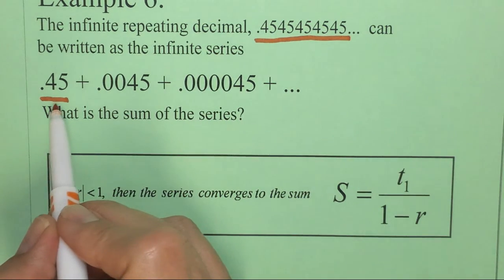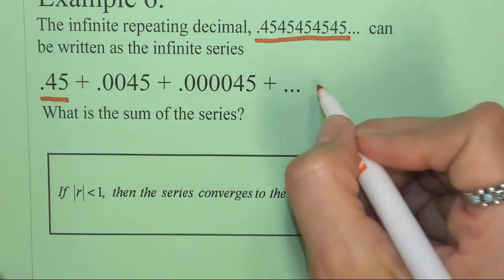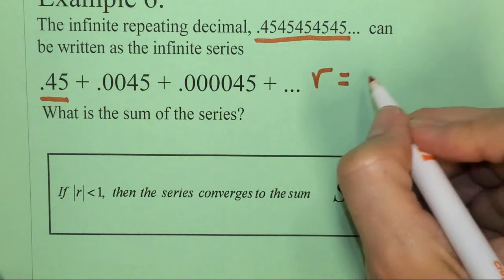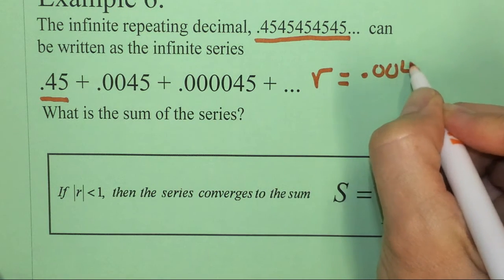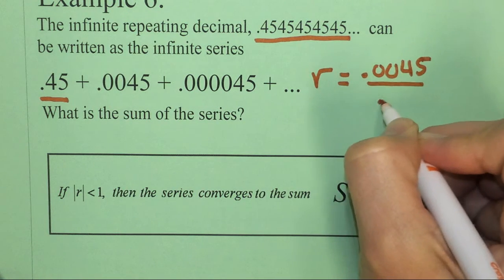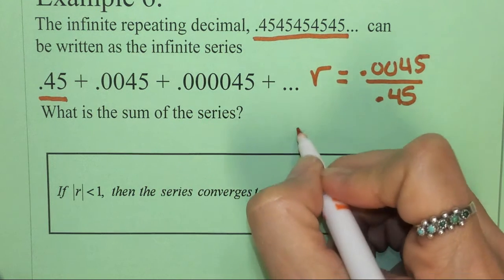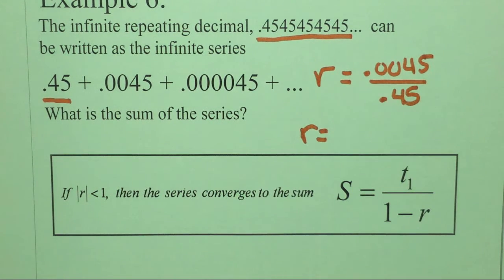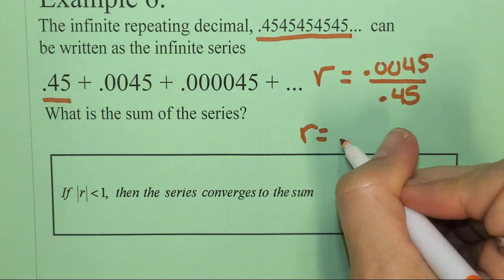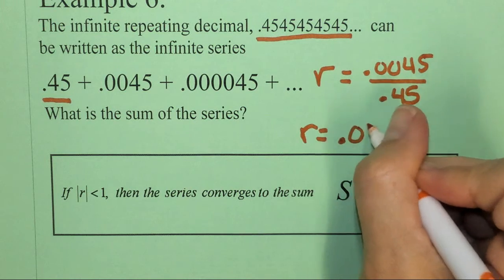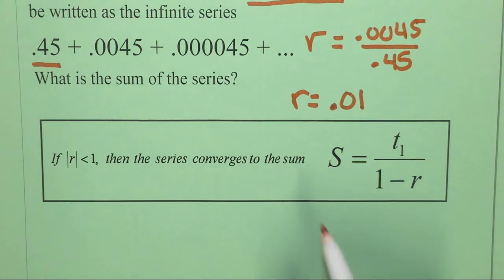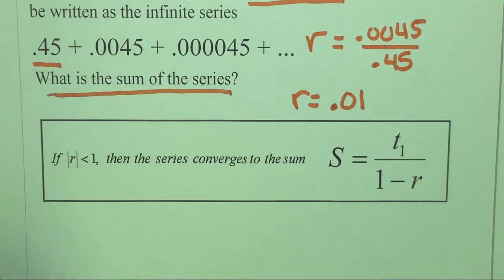Okay, do I have T1? Yes. Can I find R? Okay, go find R. What'd you get? I heard it. 0.01. They want you to find the sum, and I want it as a fraction. Go, or do it without me.